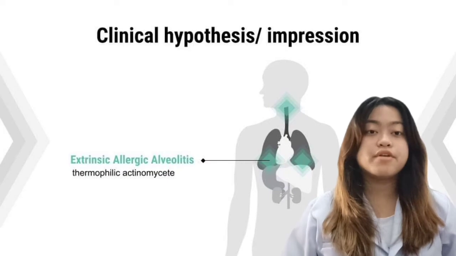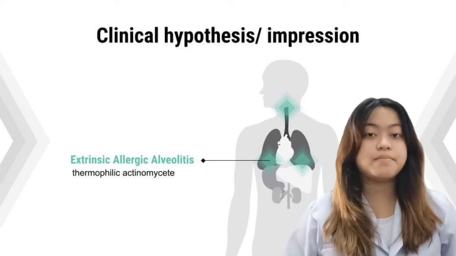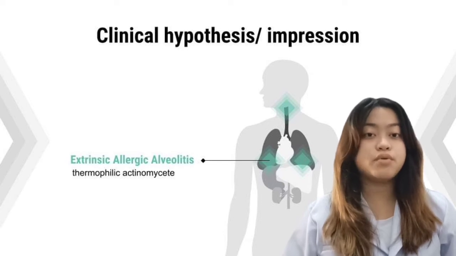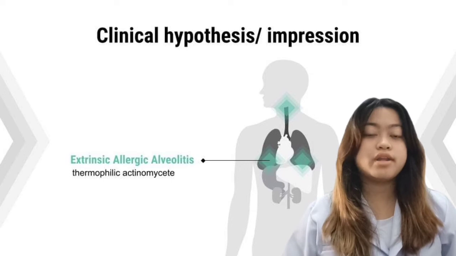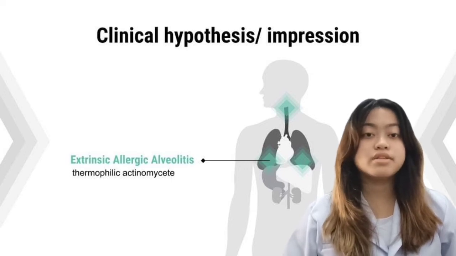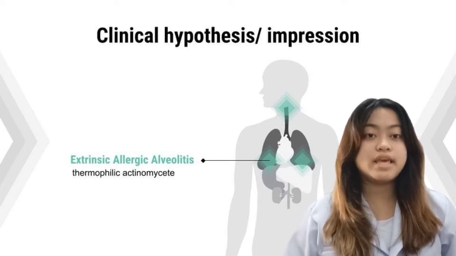Based on the laboratory findings and symptoms obtained by Mr. Franks, he repeatedly inhaled thermophilic actinomycetes, bacteria which grow on stored damp crops. This indicates that Mr. Franks developed a disorder called extrinsic allergic alveolitis (EAA), also known as hypersensitivity pneumonitis (HP).